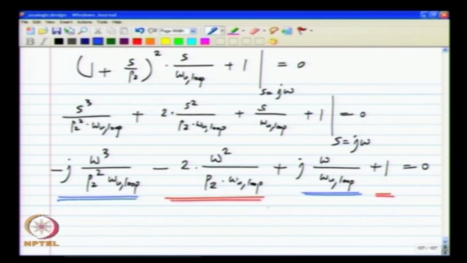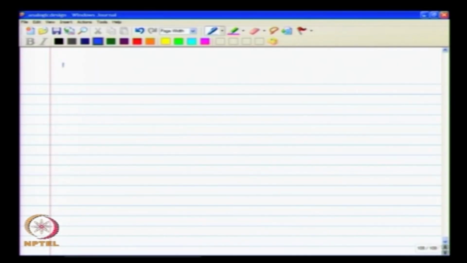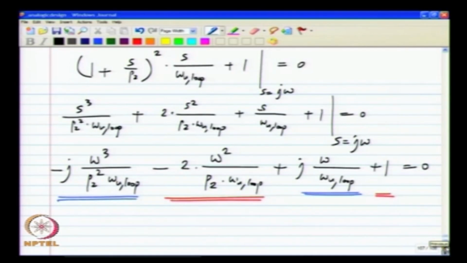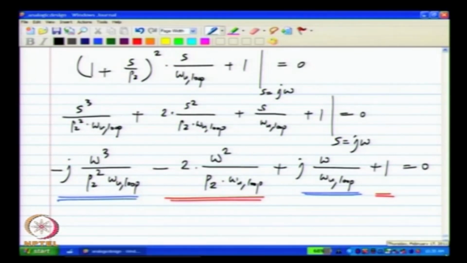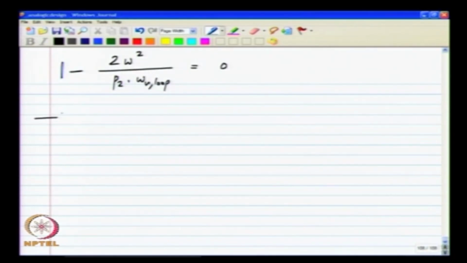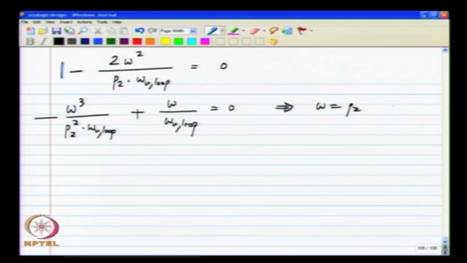Firstly, if you equate the real part to 0 you will get 1 minus 2 omega square divided by p 2 omega u loop equals 0, and if you equate the imaginary part to 0 you will get minus omega cube by p 2 square omega u loop plus omega by omega u loop equals 0, and this gives you omega to be equal to p 2.